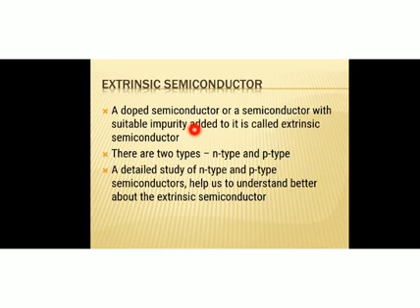There are two types of extrinsic semiconductor. The first one is N-type and the second one is P-type. A detailed study of N-type and P-type semiconductors helps us understand extrinsic semiconductors better. So let's first discuss the N-type semiconductor.